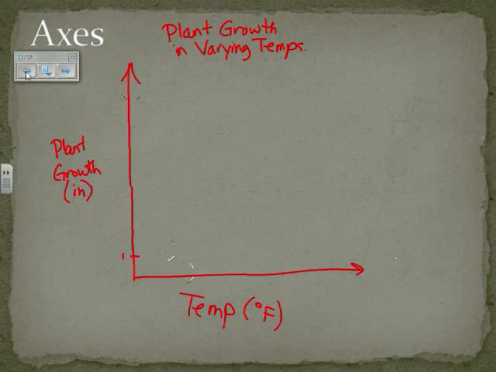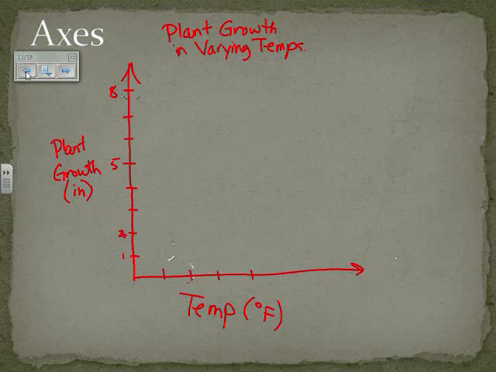So let's say we say 2, 4, 6, 8. We don't need to label every single one of these. We just need to make sure that it's clear what the value is increasing by.